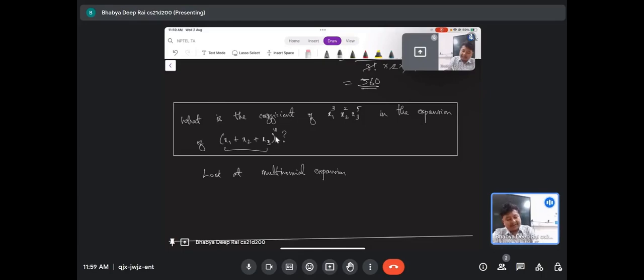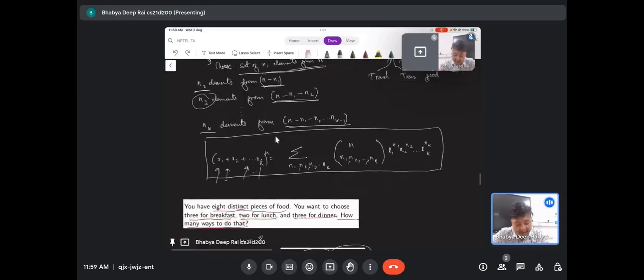Why? Because there are 3 terms within the bracket, so we can no longer look at the binomial expansion. So we look at the formula for multinomial expansion. The coefficient for x1 to the n1, x2 to the n2, and x3 to the n3 is nothing but n choose n1 comma n2 comma n3. Right.